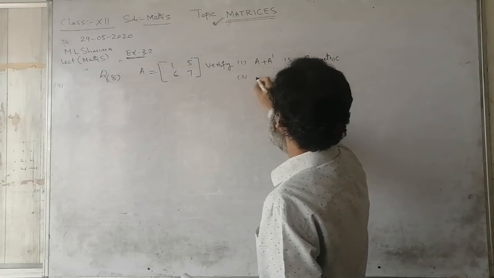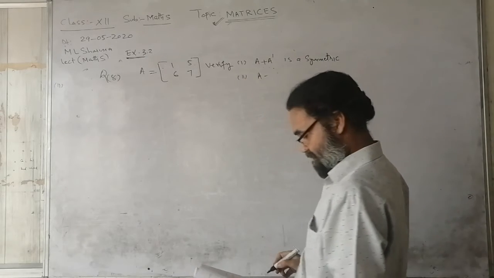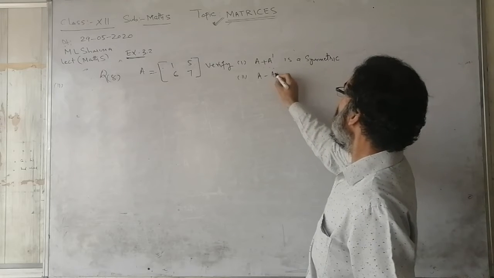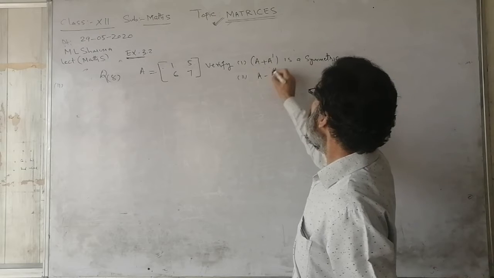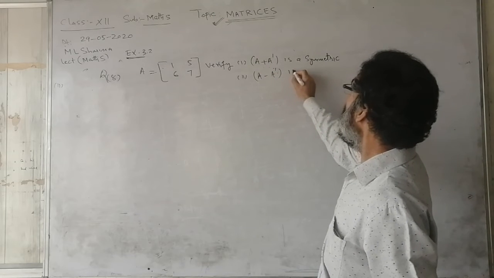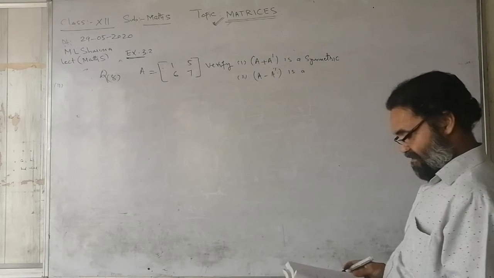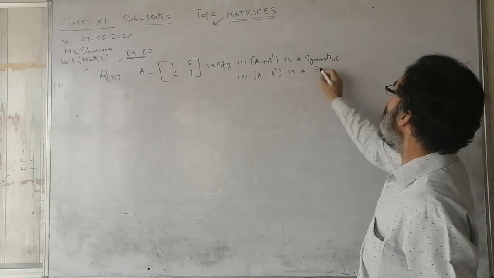And part second is A minus A transpose, it should be a skew-symmetric.